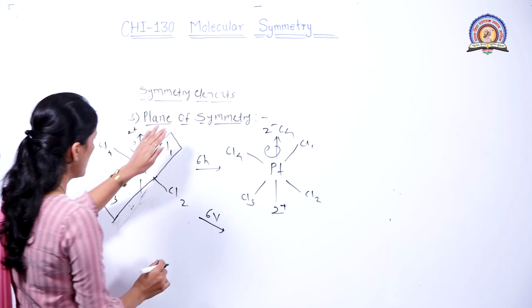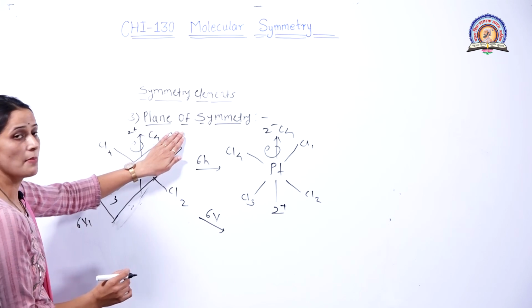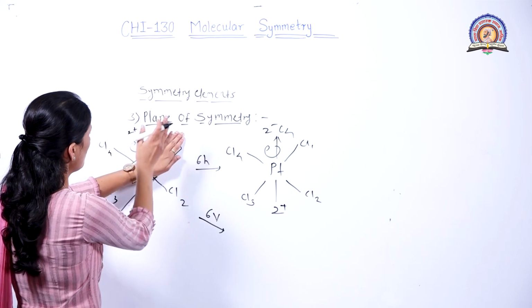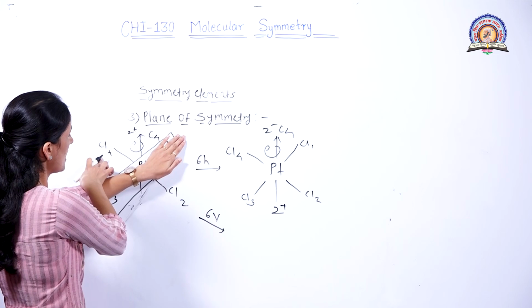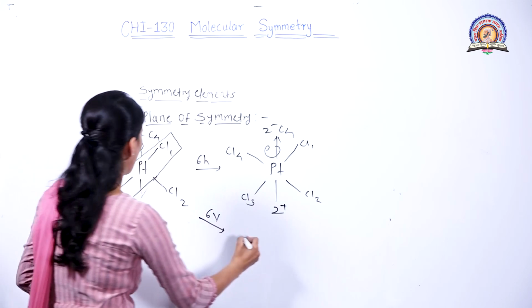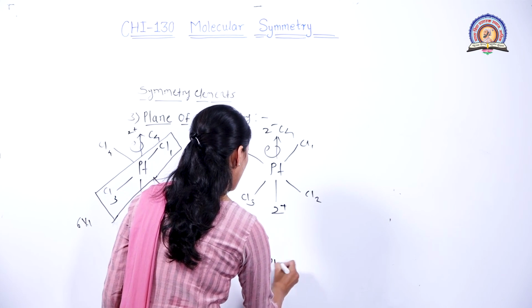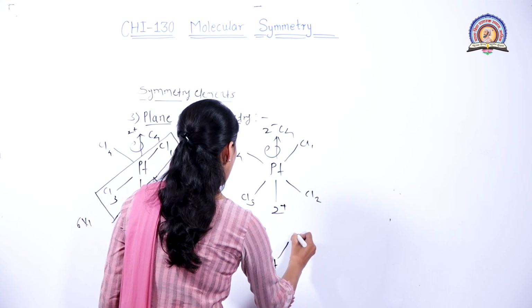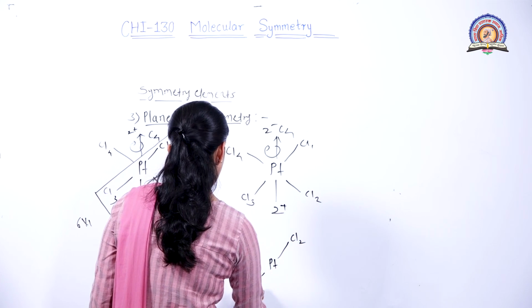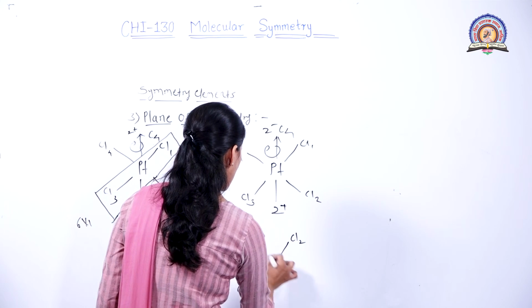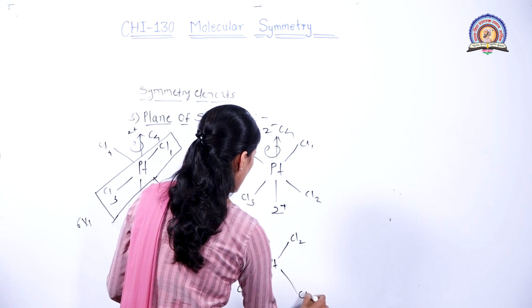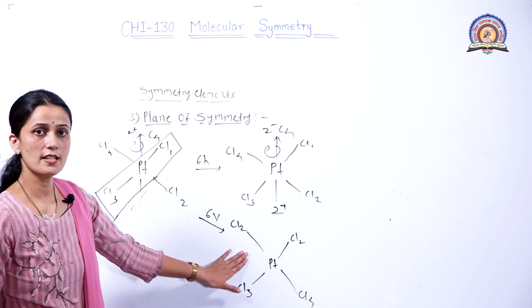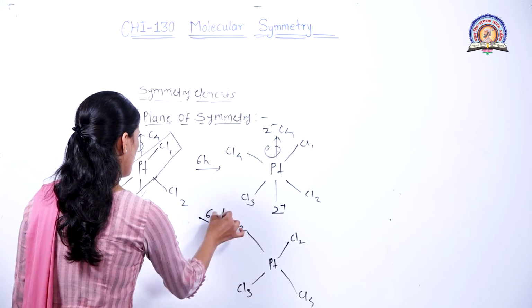As I am passing sigma V1 like this, Cl1, Cl3 and Pt remain as they are. The only change is in Cl2 and Cl4. Means Pt, that is platinum, Cl1 remains as it is, Cl3 remains as it is. Only the positions of Cl2 and Cl4 will change. Okay, so this is the sigma V1 operation.